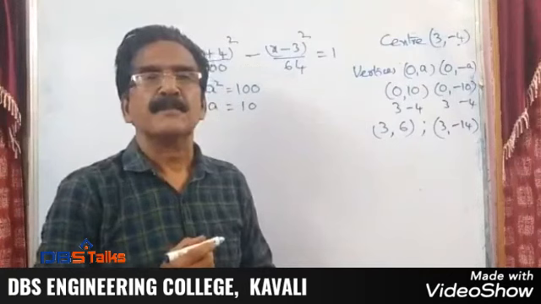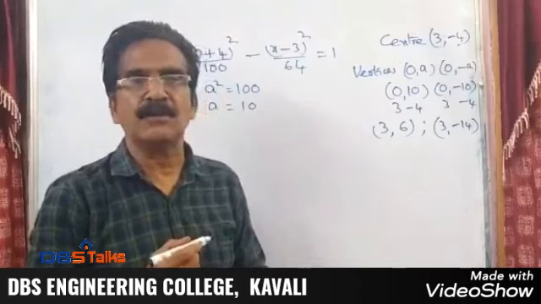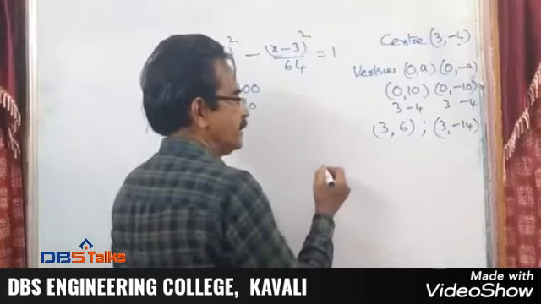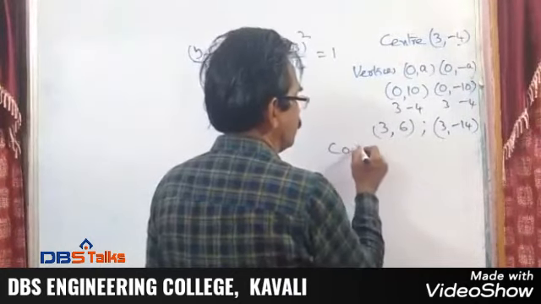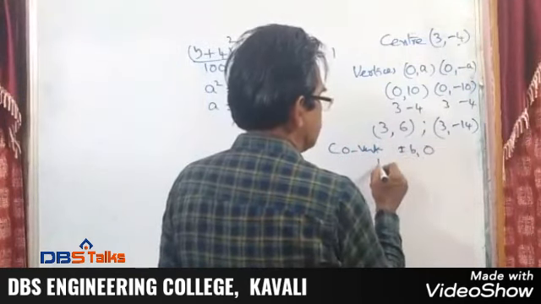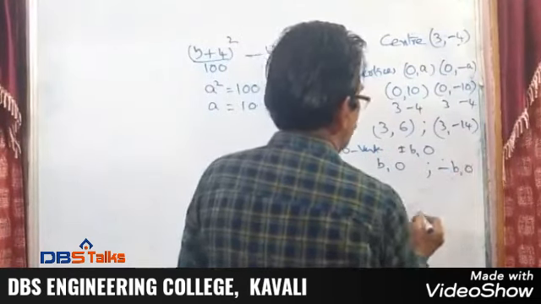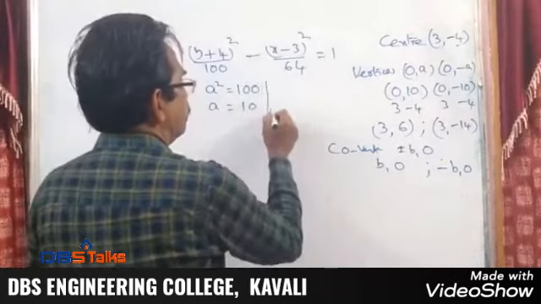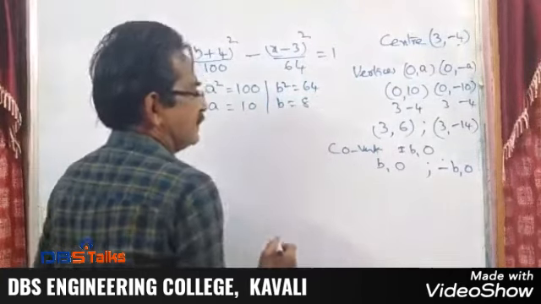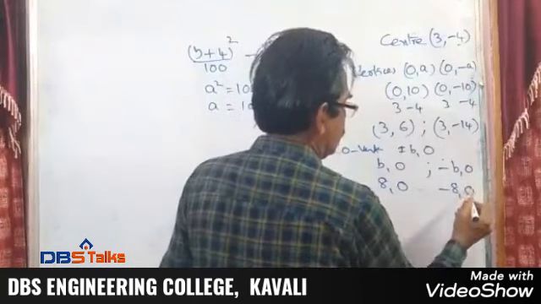Co-vertices are plus or minus b comma 0, that is b comma 0 and minus b comma 0. What is b here, friends? B square is equal to 64, b is equal to 8. That is 8 comma 0 and minus 8 comma 0.